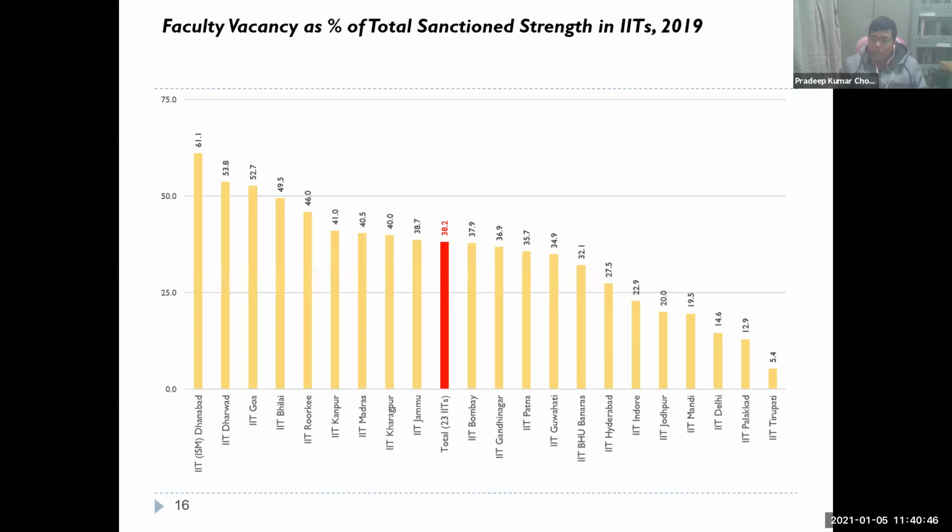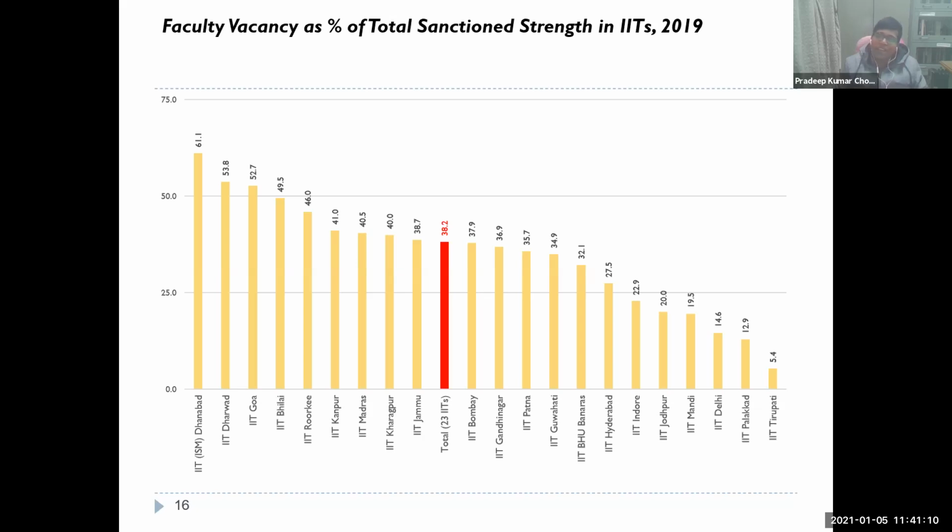The lowest is IIT Tirupati at 5.4, but in several others faculty vacancy as a percentage of total sanctioned strength is very high. Even IITs, which we call the best in technical education in the country, and we enjoy the kind of leverage and praise that we get from IIT even outside, still this is the position.